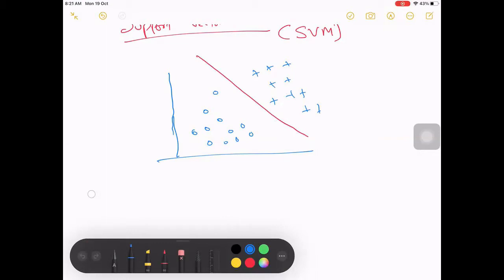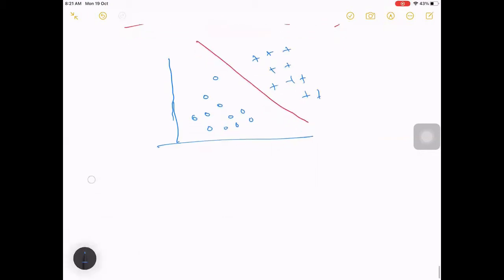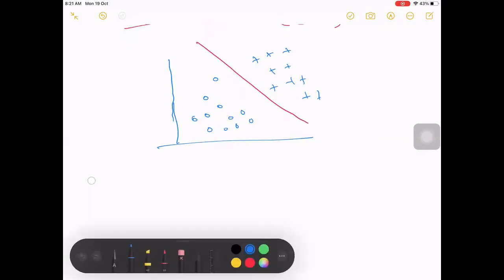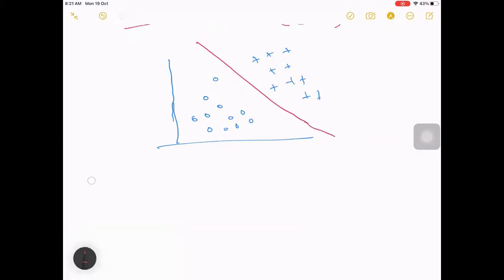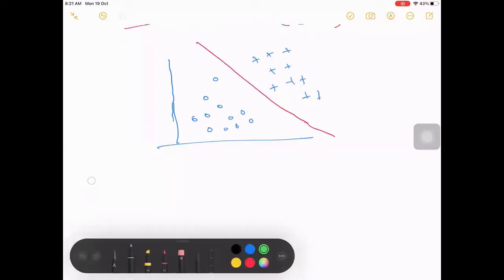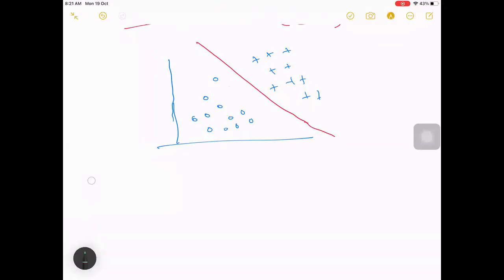So what actually is the difference between other classifiers and support vector machines? Let's say you have a few zeros here and a few crosses here, and you are trying to separate them with a line.